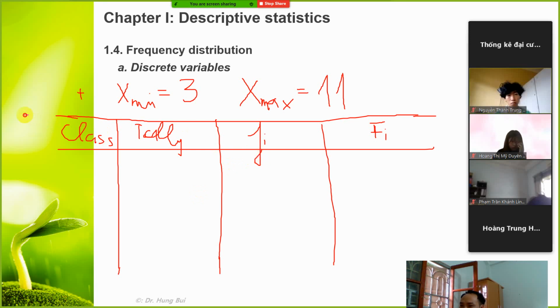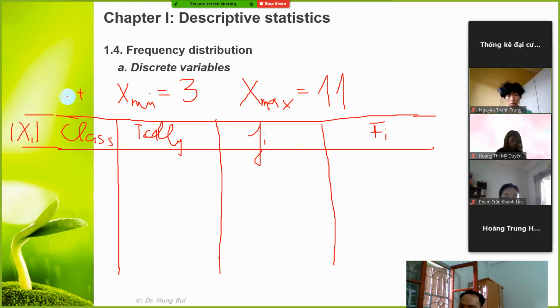So now I want you to denote for me. Class, we often denote by xi, big Fi, like that. Write down. Class is often denoted as xi, like this.